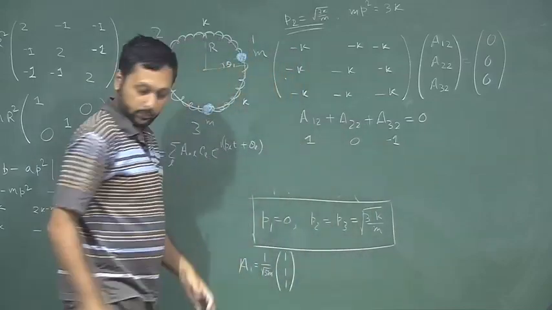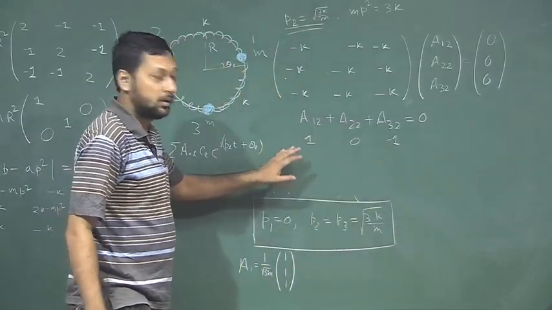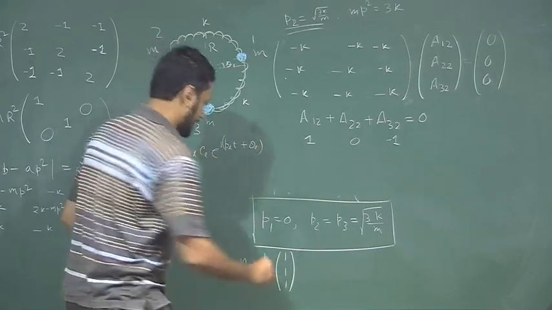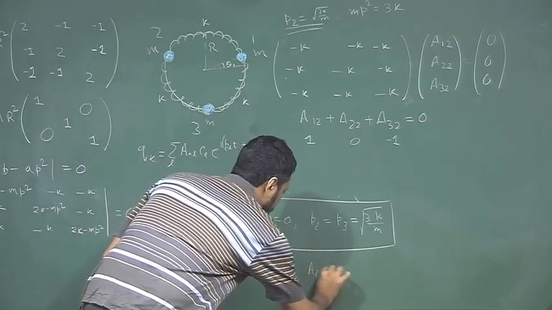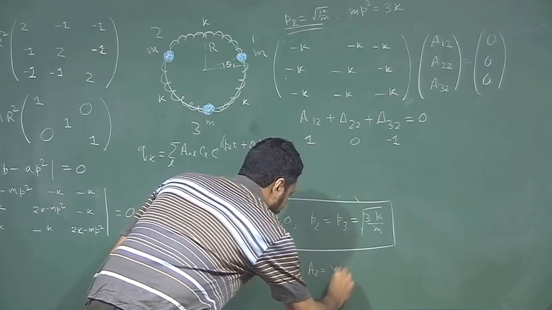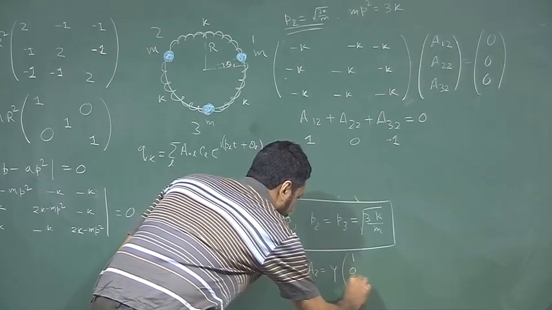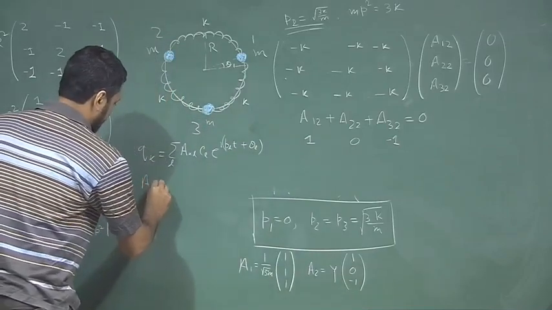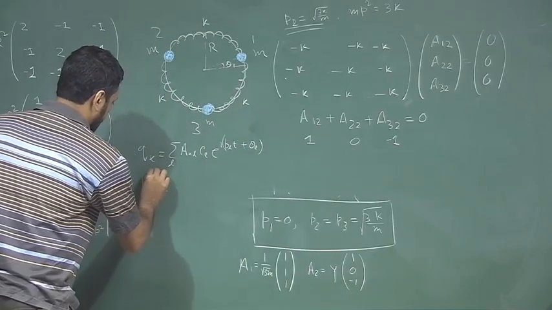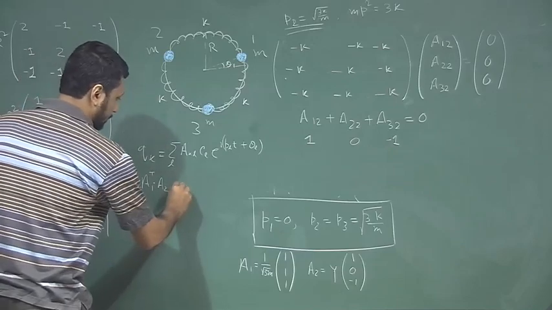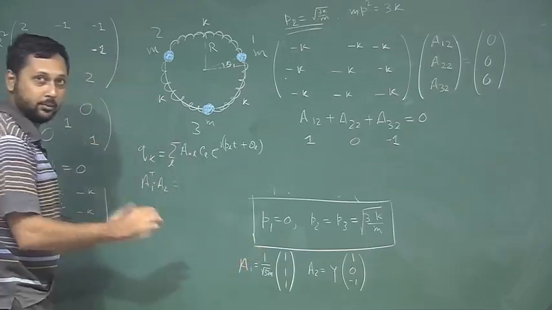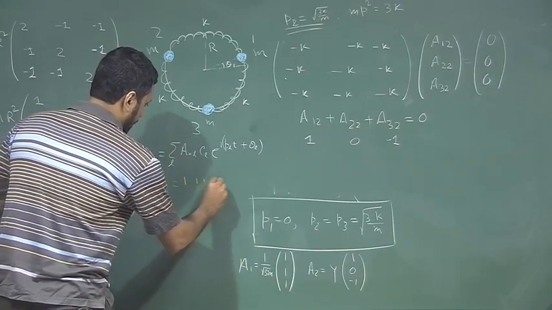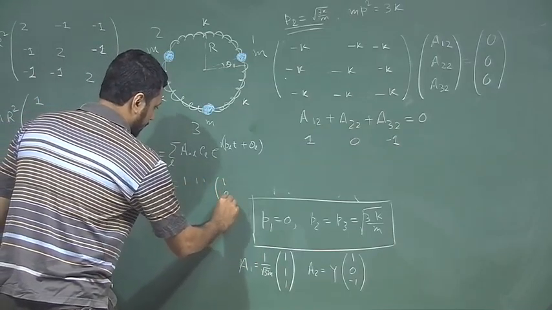So, if we write a 2 equal to some factor y times 1 0 minus 1, and compute a 1 transpose a 2, forgetting about the factors in front, it will be 1 1 1 times 1 0 minus 1.